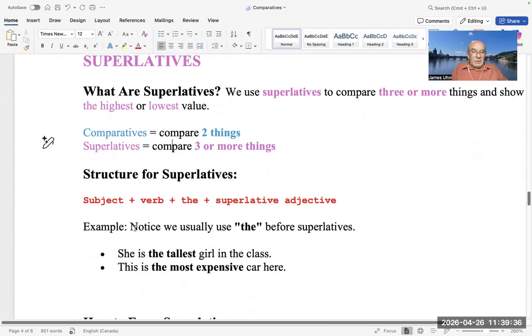First of all, notice we usually use the before superlatives. Why do we use it? Because superlative is only one.